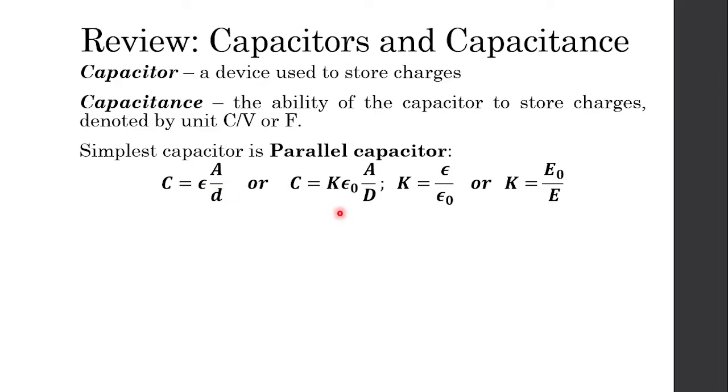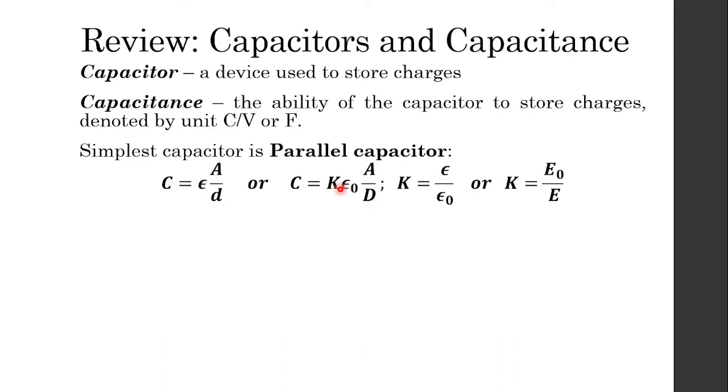Or we can also use capacitance equals the dielectric constant K multiplied by the permittivity of free space multiplied by the area of one of the plates divided by the distance between the two plates.